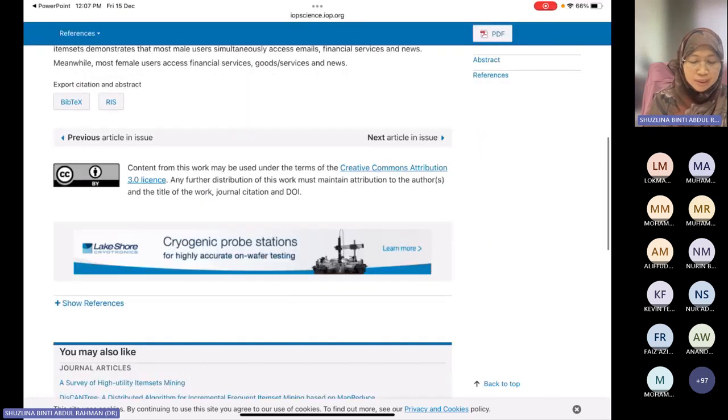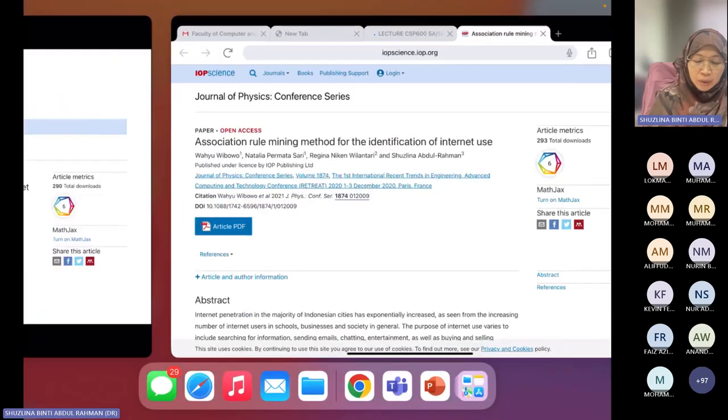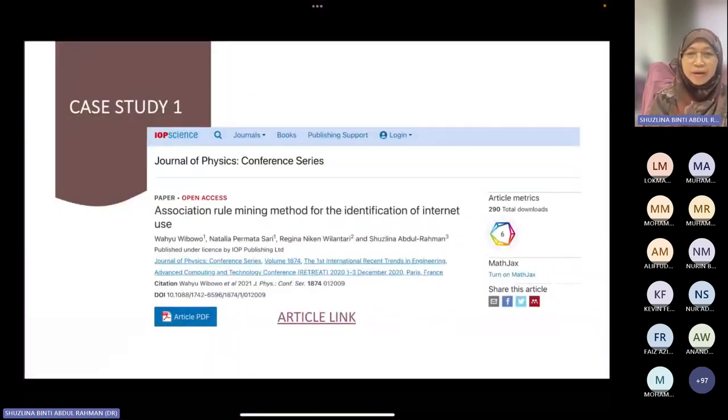This paper was co-authored with other researchers from Indonesia, Professor Dr. Wahyu Wibowo and the other co-authors from Institut Teknologi Sepuluh Nopember. I guess this is familiar to the Indonesian friends over there.